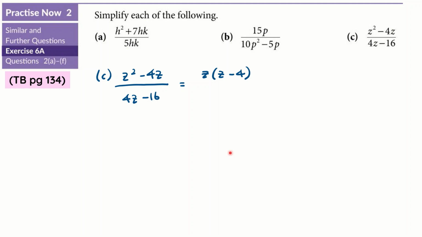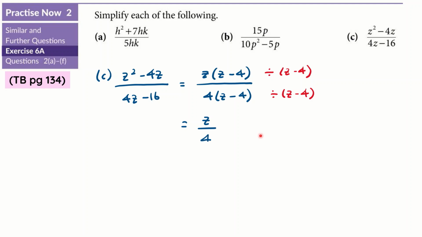We apply the same method to the denominator, which is to get 4 times z minus 4. Now we can see very clearly the common factors between the numerator and the denominator, and that will be z minus 4, and hence we divide in the numerator and the denominator to get the answer of z over 4.